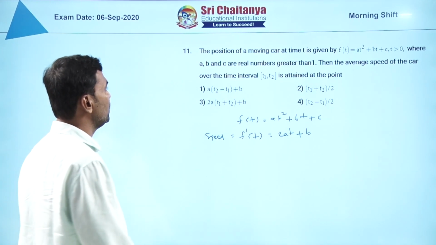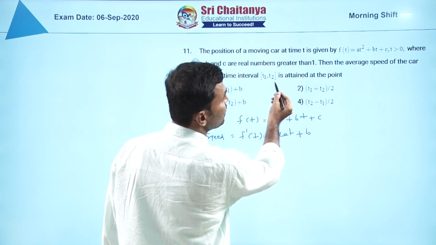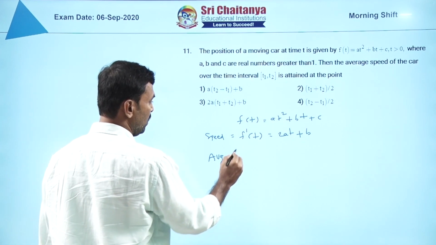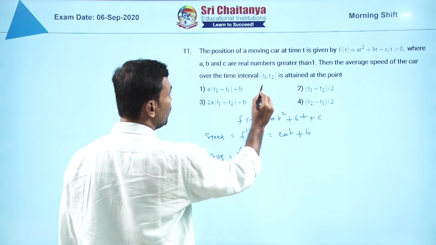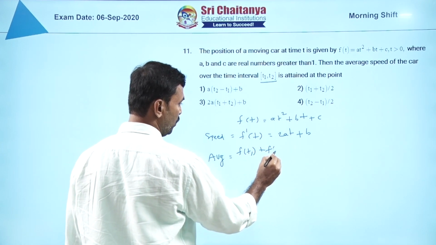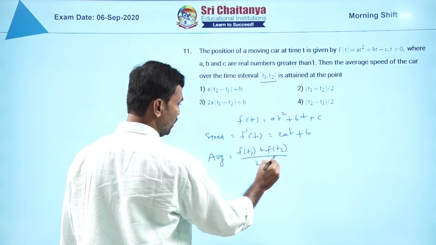Now, the average speed in the interval t1 to t2 he is asking. So, f dash of t1 plus f dash of t2 by 2 is the average speed.